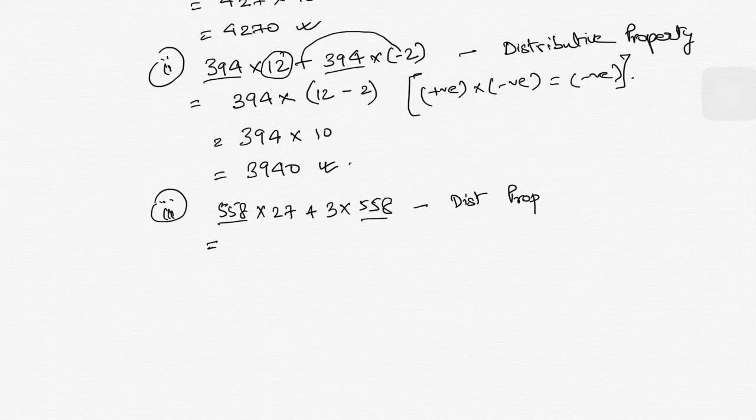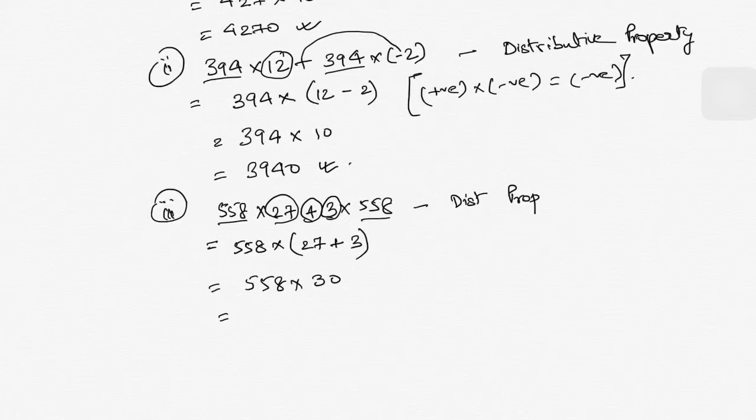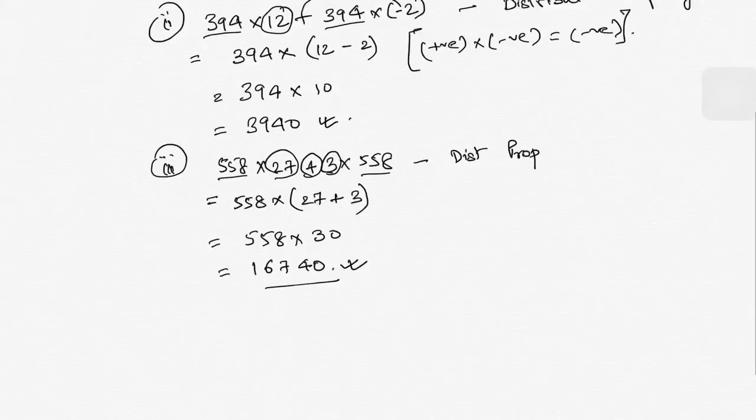So 558 into, now what is left? 27 and 3. But what is the sign? Plus 3. So this is 558 into 27 plus 3, which is 30, which is 16740 is the answer. So we have completed the first exercise.